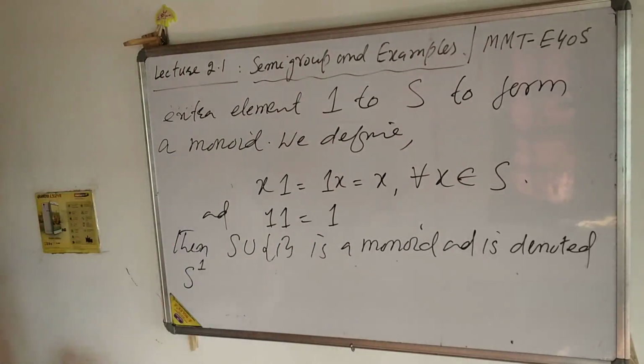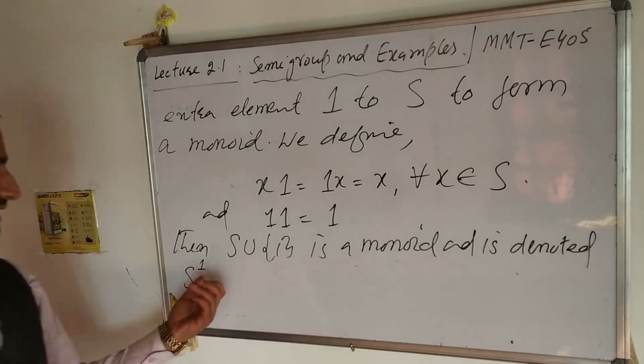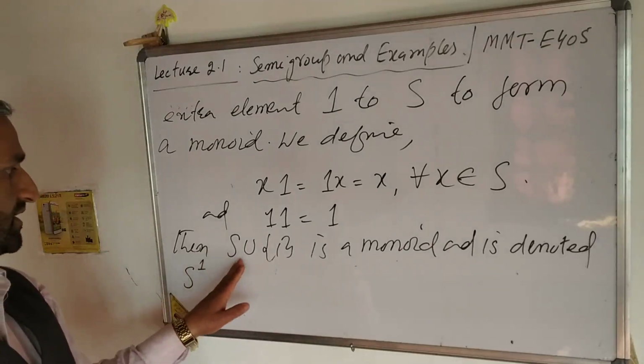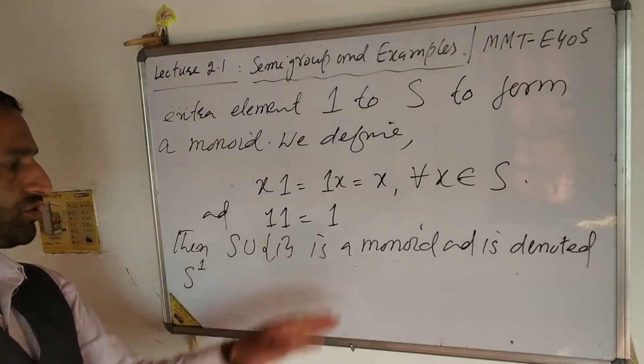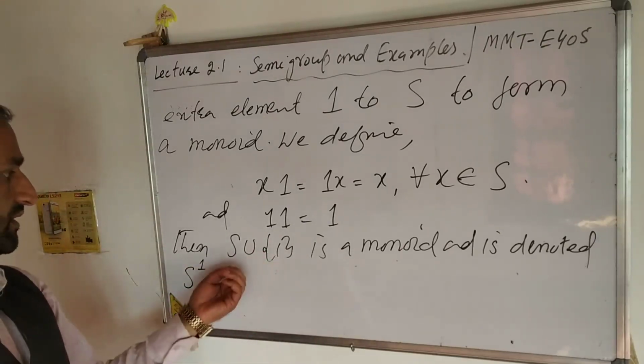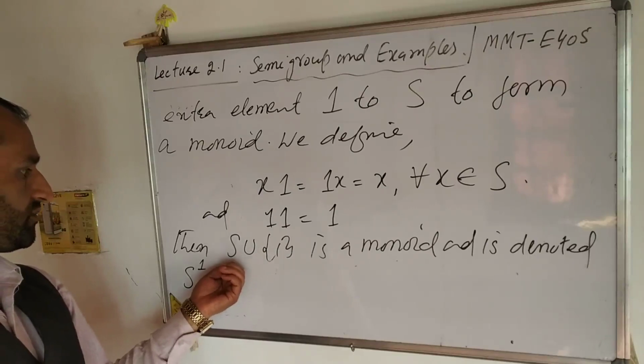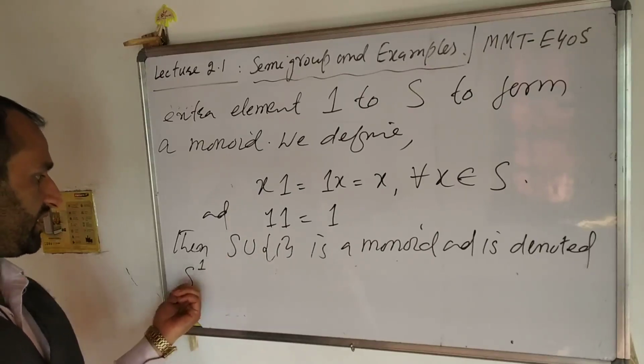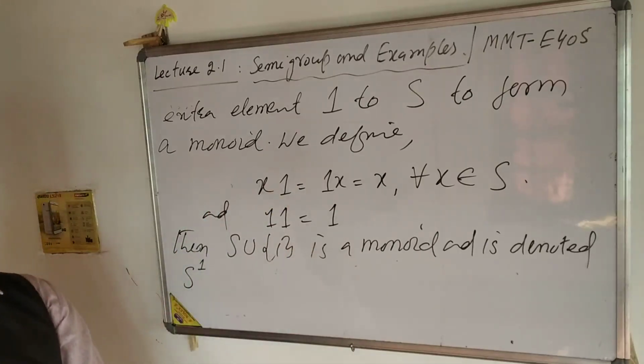So what's S1? S1 means that if the semigroup S is without identity, then we can adjoin 1 to S. In that case, S1 will be S union 1. And in case the semigroup already has identity 1, then S1 is the same as S.